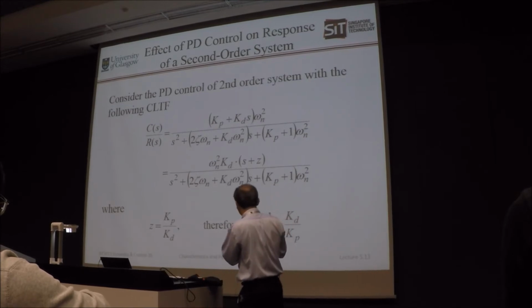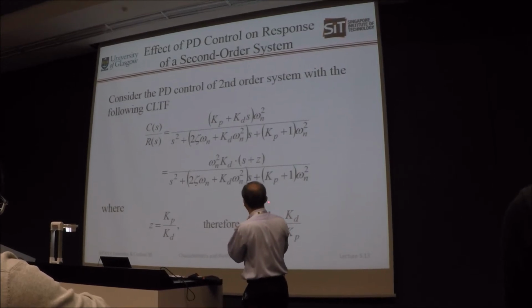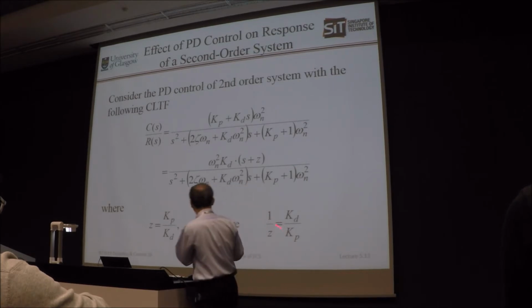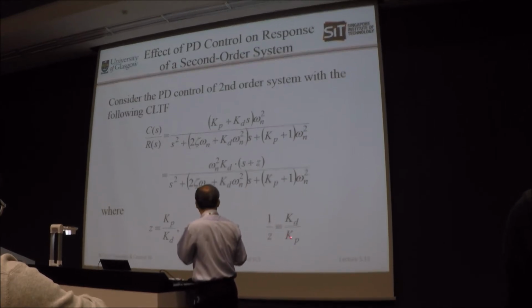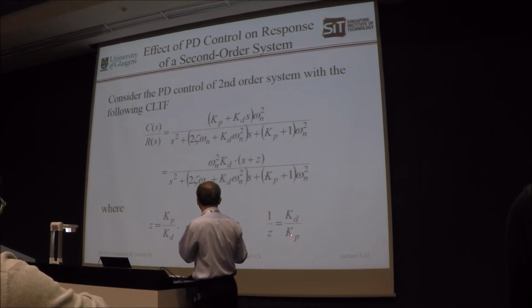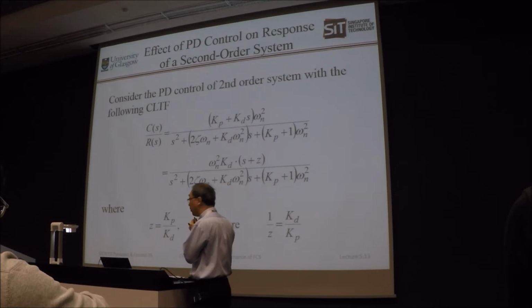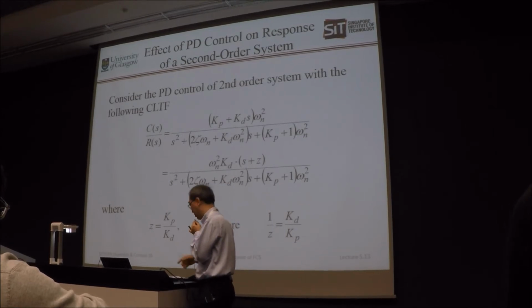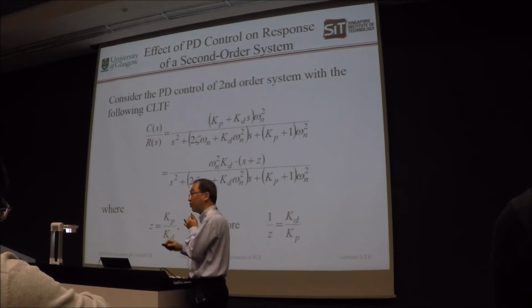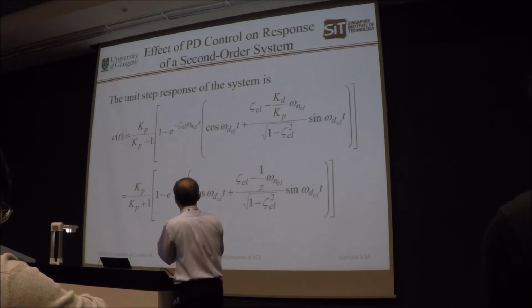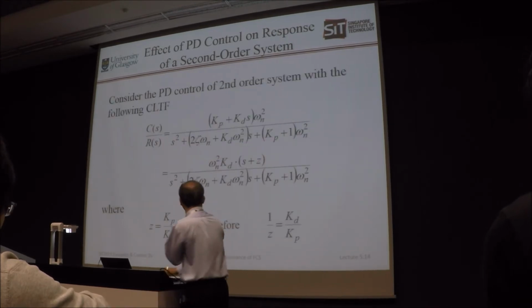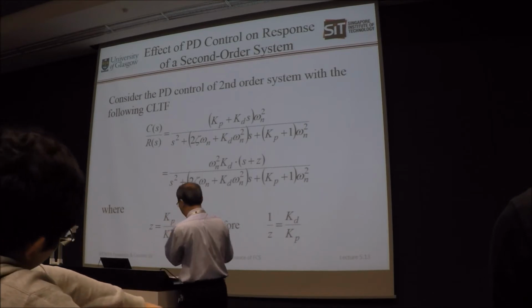As a result, in your Z selection, you will see that 1 over Z is KD divided by KP. So a very small KD value versus a very large KD value can have quite different effects when you are placing your 0 location. So 1 over Z is KD divided by KP.